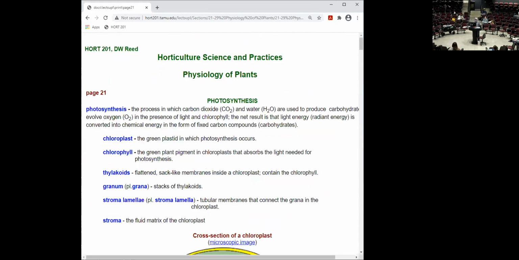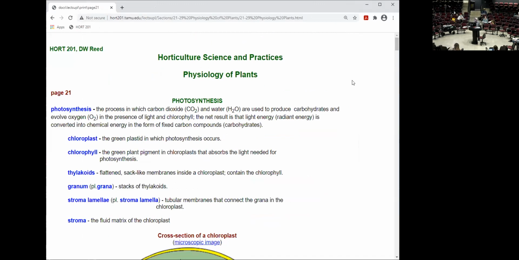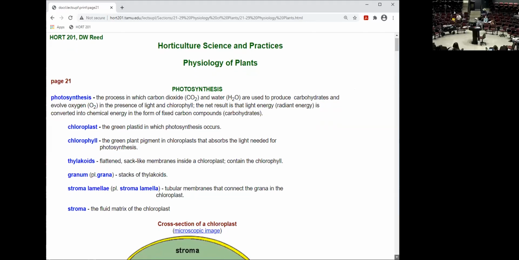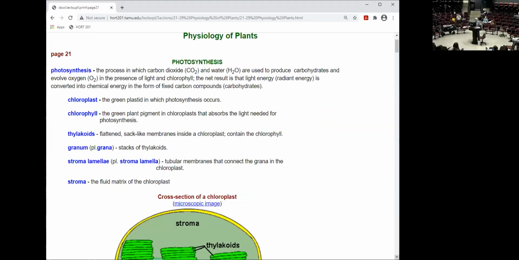And the first step in the process is photosynthesis. So here you guys are seeing photosynthesis, and off campus, are you seeing the shared screen from page 21? Yes. Good. Hey, have I frozen up yet? Have I frozen yet? Not at all.